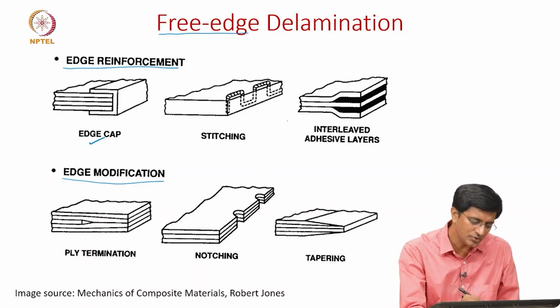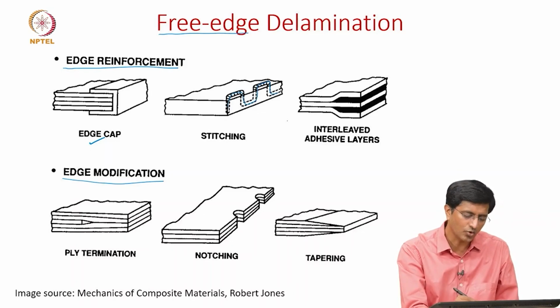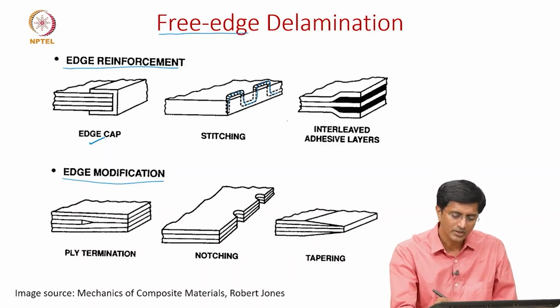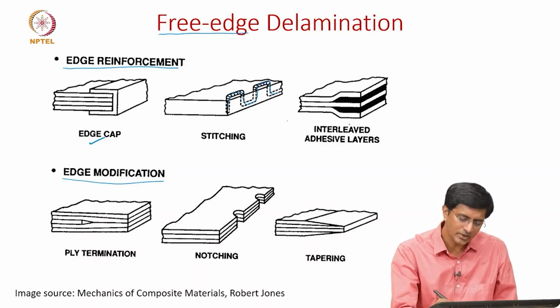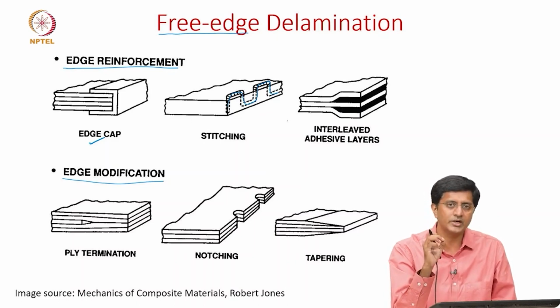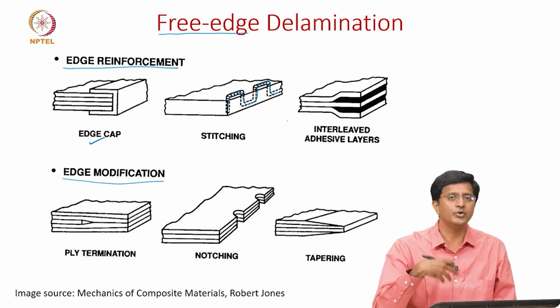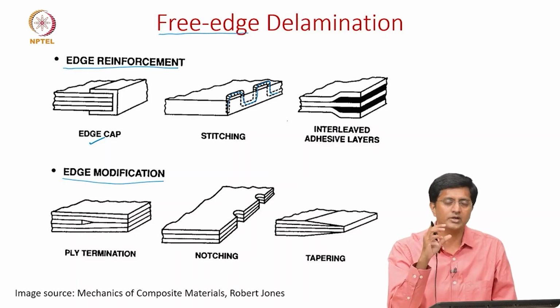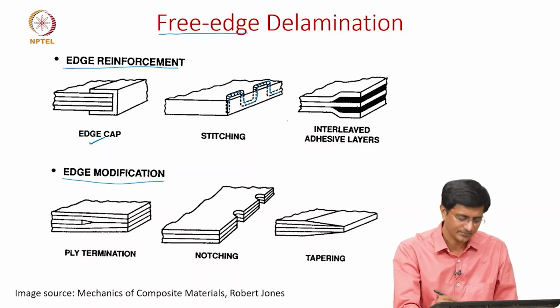Or the other way is you basically stitch all these layers using a rope or something. And thirdly, one can use an extra layer of adhesive so that the bonding between these two layers is strong, and then you need very high stresses to delaminate these layers.